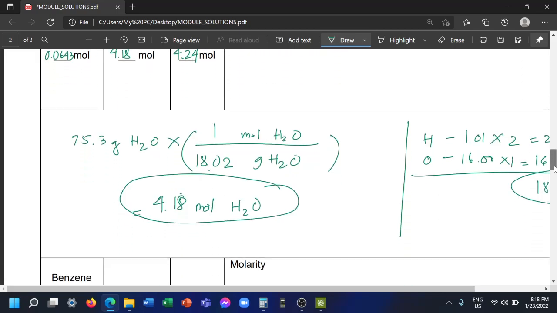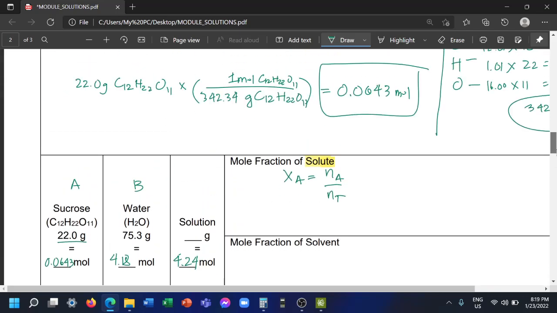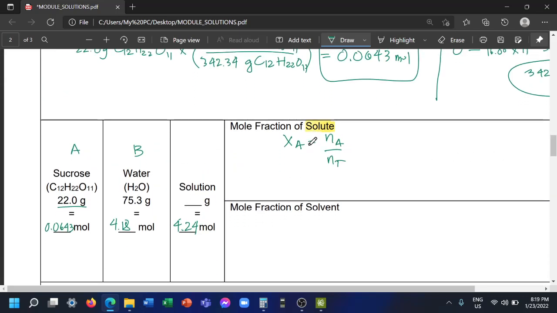So I think everything we need is already solved. Let's now solve for the mole fraction of solute. Again, that's equal to the number of moles of solute, 0.0643, over the number of moles of the total solution, 4.24 moles.